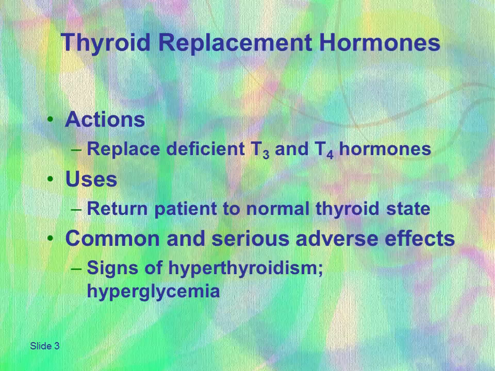So if we don't have general body metabolism, how would we see that? Well, we're going to experience cold because our body's not producing any heat. We're going to experience weight gain because we're not burning any calories to produce heat. We're going to experience bradycardia because the heart's not being stimulated.